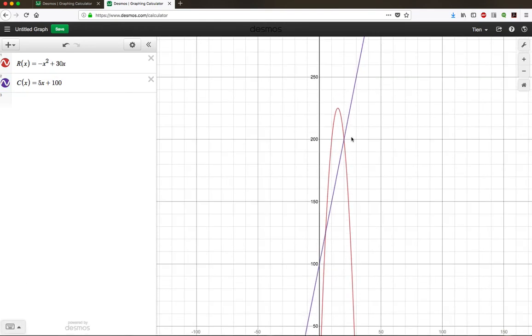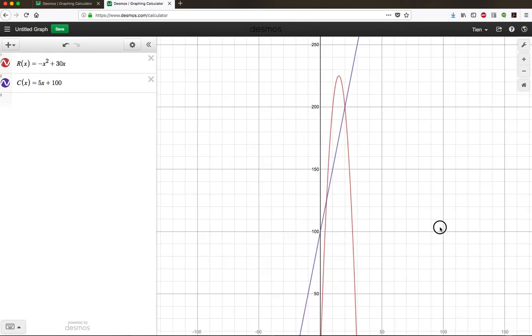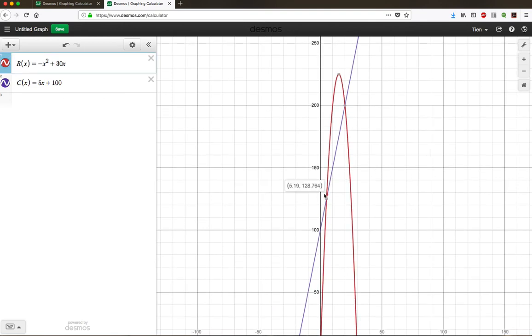But if I graph these two things next to each other, what we'll see is that when we produce between what looks like 5 goods and 20 goods, those are the values where your revenues exceed your costs. And so this part of the graph here is where you have positive profit, and at these 2 points are where you break even.